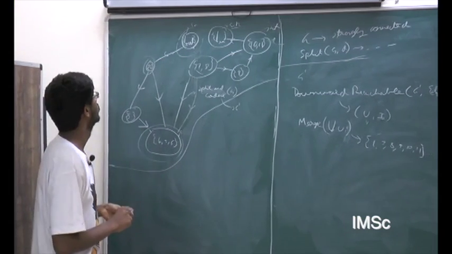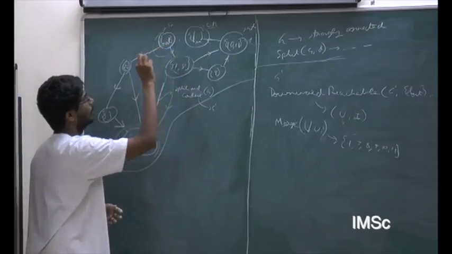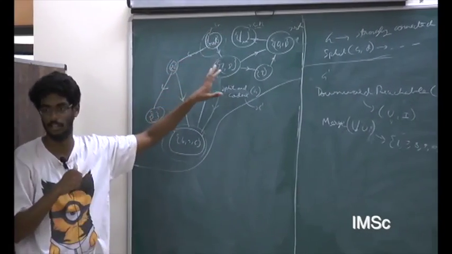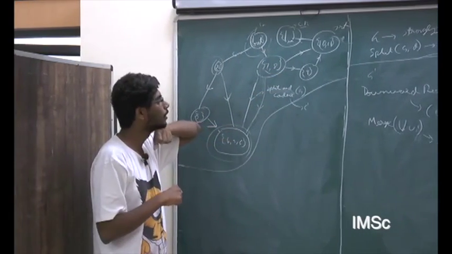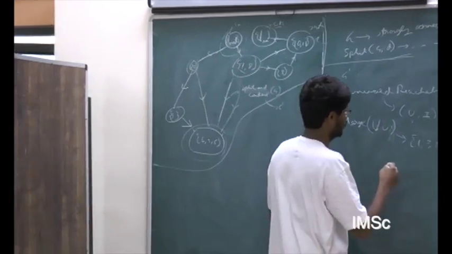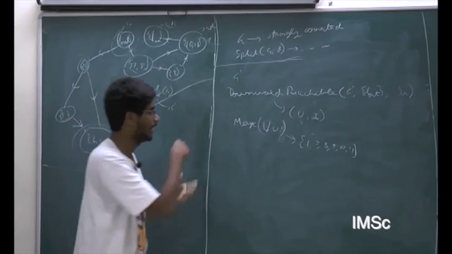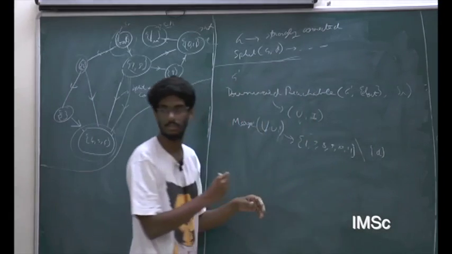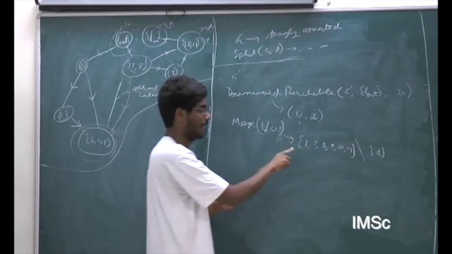But suppose this had not happened. In this graph, U is nil. That is, every vertex is reachable. The claim is, I take this merge of union of U and I subtract D. I subtract 1, I get 7, 8, 9, 10, 11.